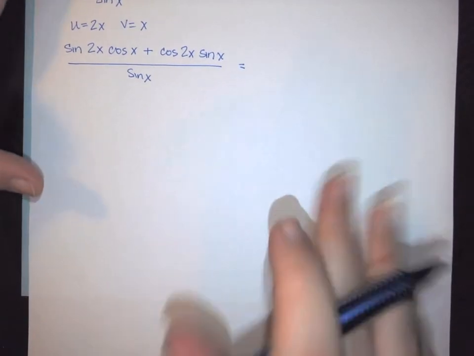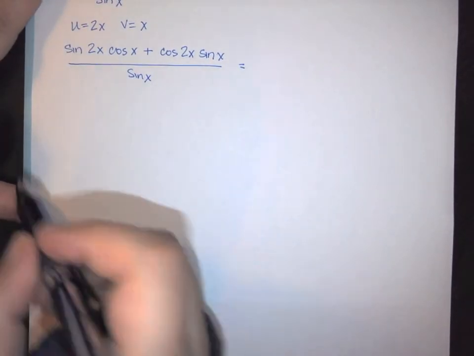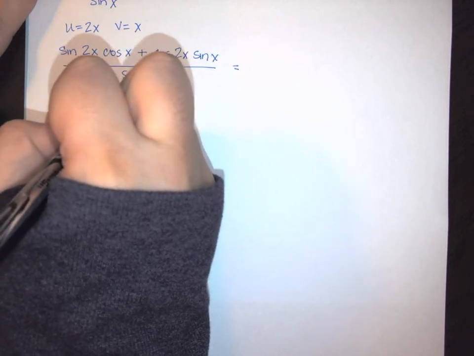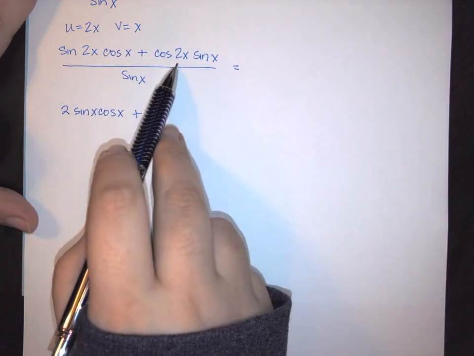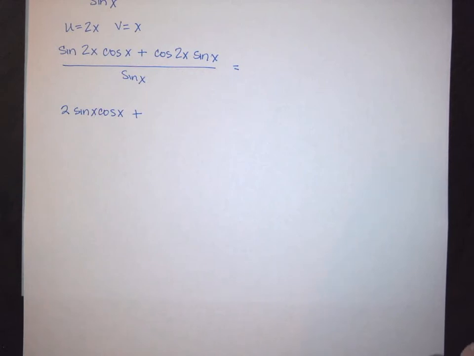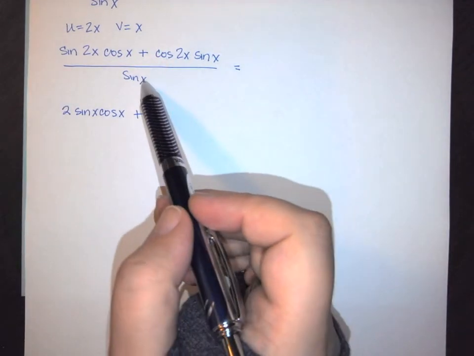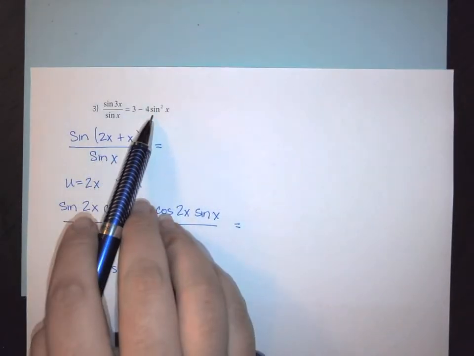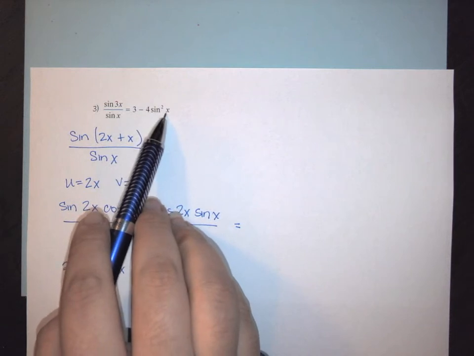We need to input our double angles. So the first is we need to change sine of 2x to being 2 sine of x cosine of x. And then we're going to have plus. Now here's where things get a little tricky. If you remember, cosine of 2x had 3 choices, and you have to be very careful about which choice you choose. Now, in looking at it, I have this sine on the bottom, and when I look here, my results are just in sine.